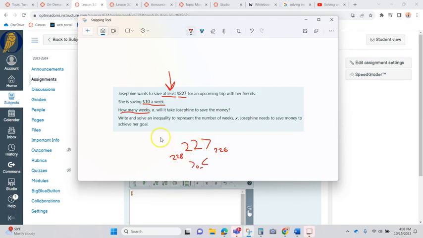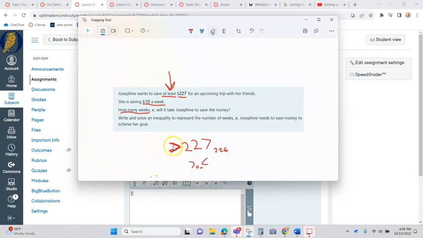So at least 227 means our alligator mouth is going to be facing away from 227, because it's talking about numbers like 228, 229, 230, and so on and so on. Every number that is at least 227. Now let's see if it's an or equal to.